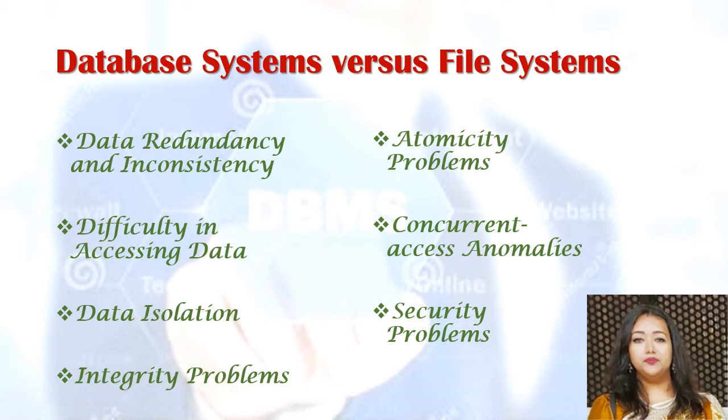They do not need access to information about customer accounts. But since application programs are added to the system in an ad hoc manner, enforcing such security constraints is difficult.